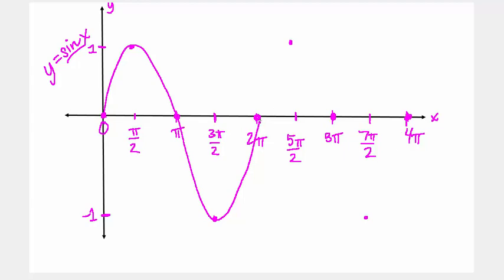So I can trace the rest of these points if I just keep the cycle going. There we have it. This is the sine graph because we've generated all of these outputs being 1 or 0 from the unit circle where the sine values are the y-coordinates of the special points. And this is a full 2 periods, which goes from 0 all the way to 4 pi.